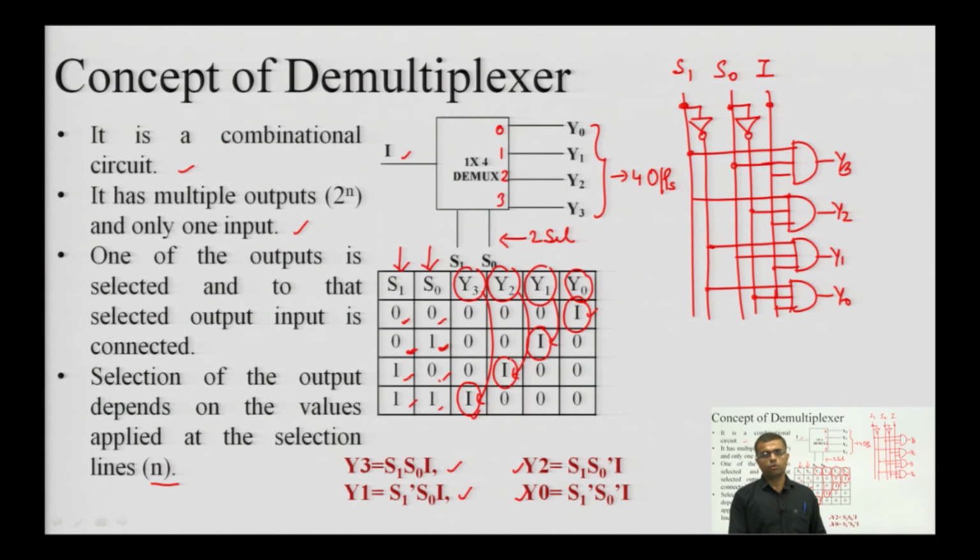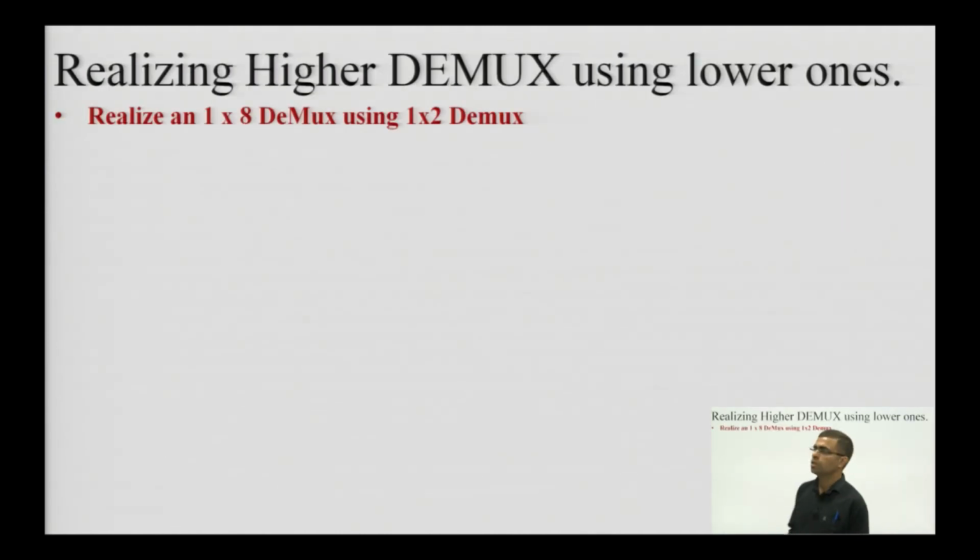Similarly, using this concept we can realize the circuit for a 1 cross 8 demultiplexer as well. So, this is about the internal structure of a demultiplexer. Now, let us come to the extension of this demultiplexer. We have been asked to realize a 1 cross 8 demultiplexer using 1 cross 2 demultiplexers.